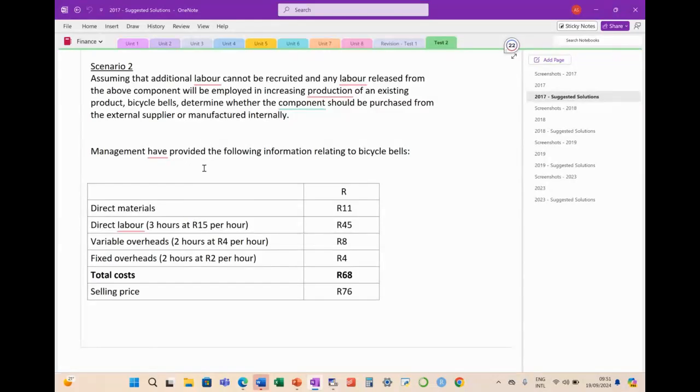Which one is it? Let me just quickly see if we can identify the question. Might be 5.6. No. It is indeed 5.2. Nope, I am lying through my teeth.